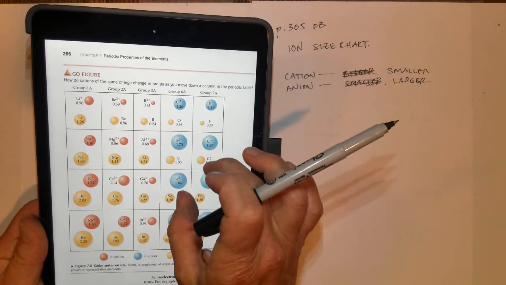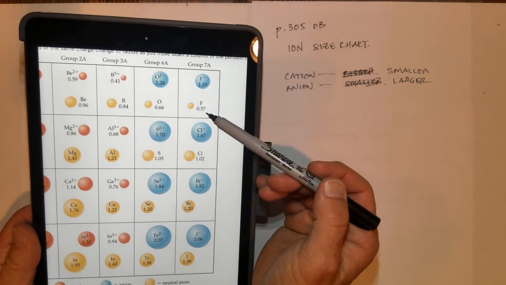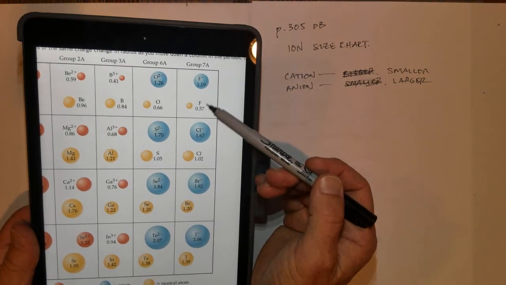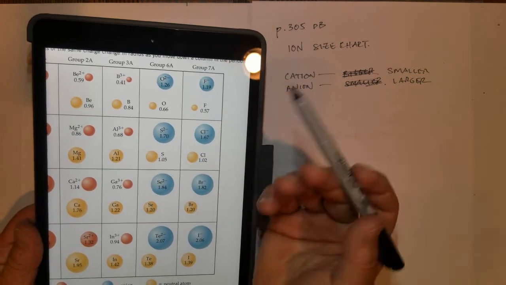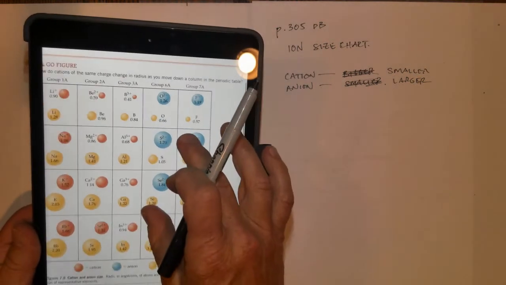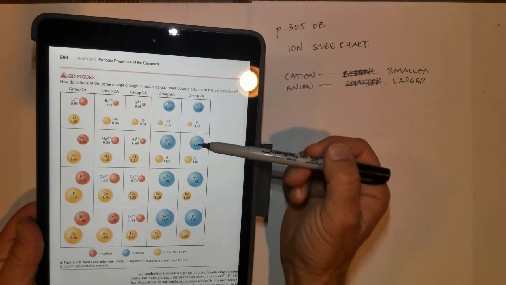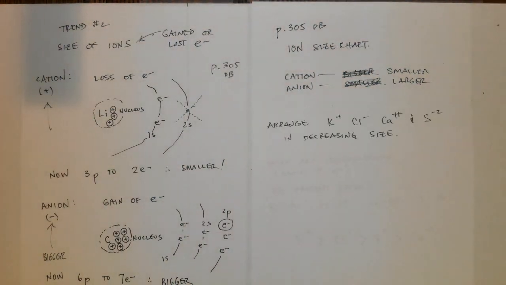And then negative ions. So here is fluorine right here, 0.5, and then the anion is now larger, 1.19. So it increased in size because it gained an electron to get bigger. And you can see that is just the general trend right here for all cations and anions.